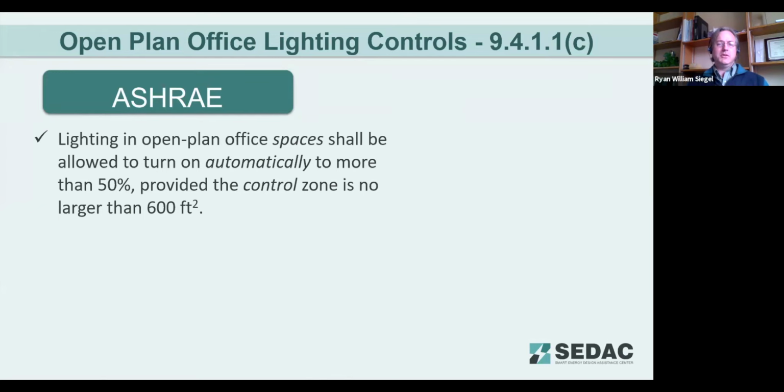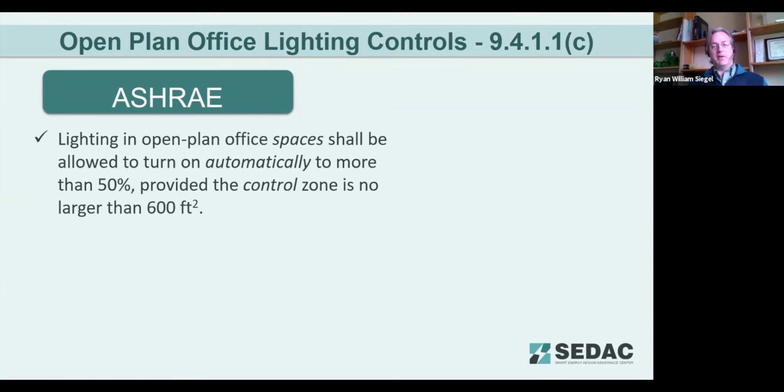Whereas when you get into ASHRAE, all they specify is that we need to bring the lights on only to 50%, and then the occupant has the ability to raise it more. As far as their exception, ASHRAE calls out this is a space where you can go past the 100% automatic on.